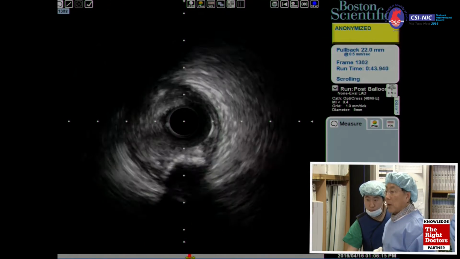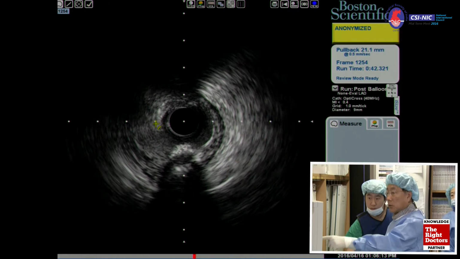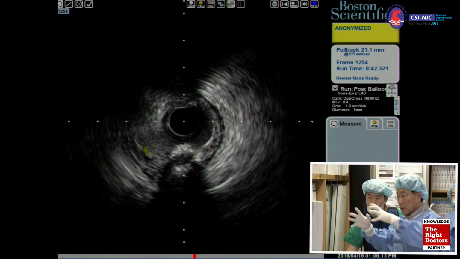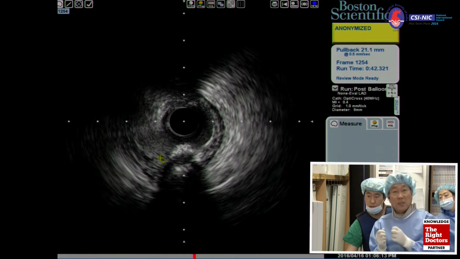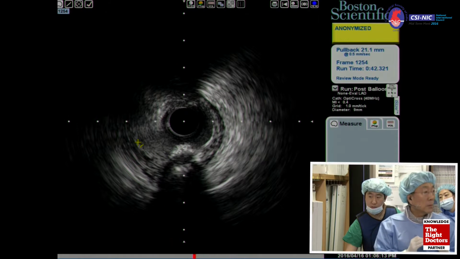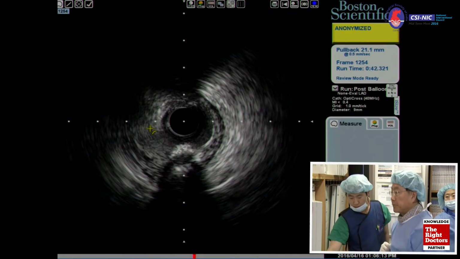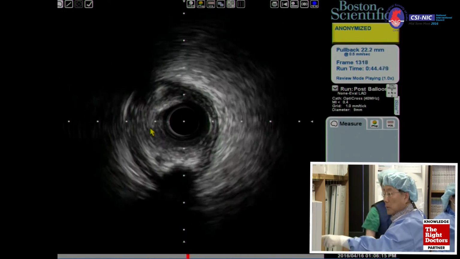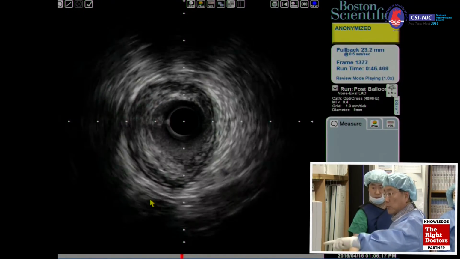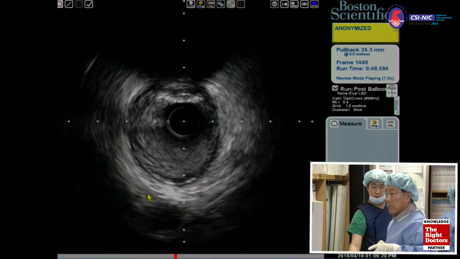One or two frames back. Okay, that one. There is a very big rupture at 6 o'clock, 7 o'clock. What about the clinical manifestation? This is unstable, vulnerable plaque. Okay, go ahead. And some organized thrombus from 6 to 9 o'clock here.